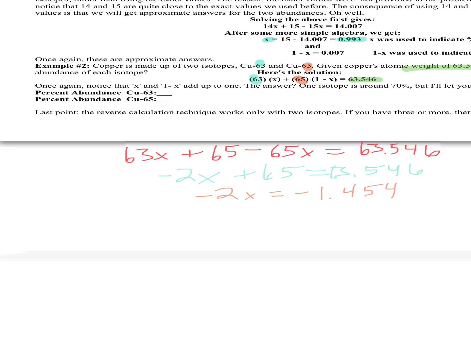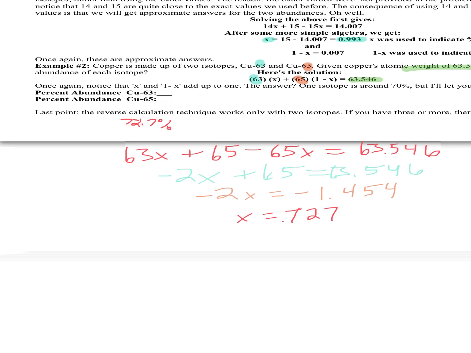I still want x by itself, so I need to divide both sides by a negative 2, and x equals 0.727. So what did this x mean? Well, that x was your percent of 63, because that's where we had our x in our equation. To write this as a percent, it's 72.7% copper 63.